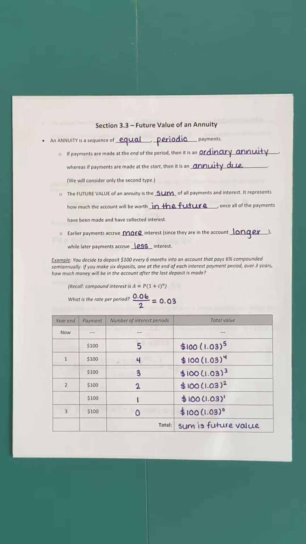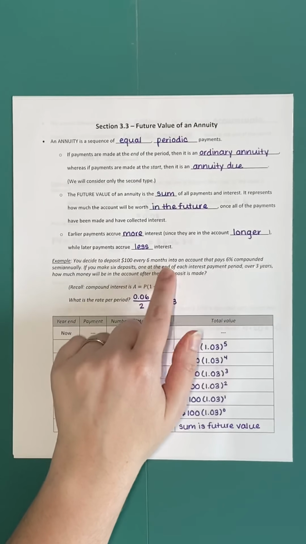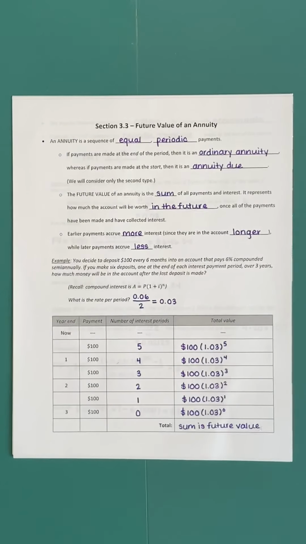So because we're always depositing the same amount, and because we're always depositing it at the same time over equal intervals, this is what we call an annuity. Now, the reason it's an ordinary annuity is because we're depositing it at the end of the period. So anything deposited at the end of the period is what we call an ordinary annuity.